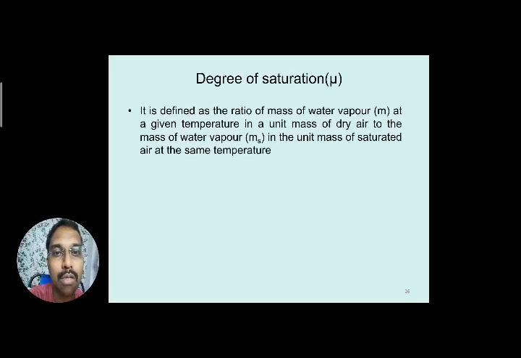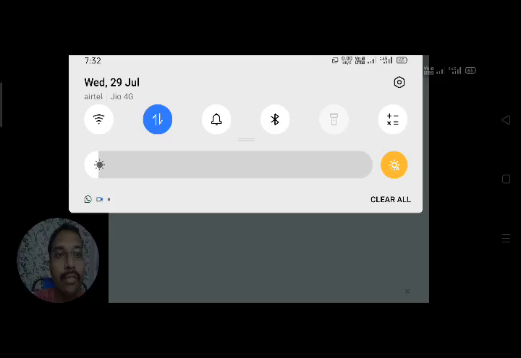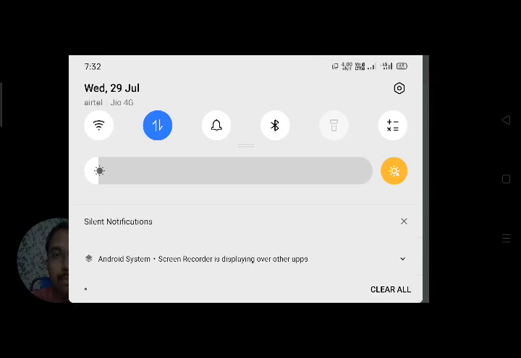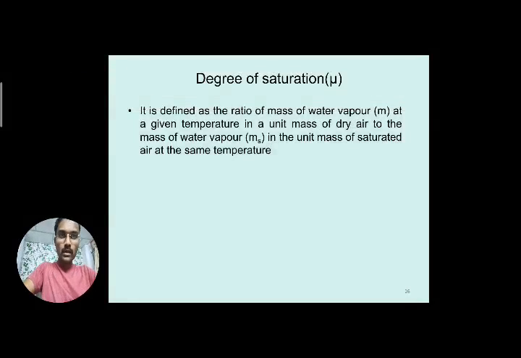The next terminology is the degree of saturation, mu. It is defined as the ratio of the mass of water vapor m at a given temperature in a unit mass of dry air.